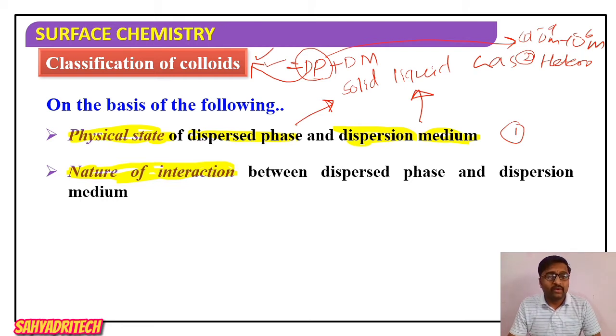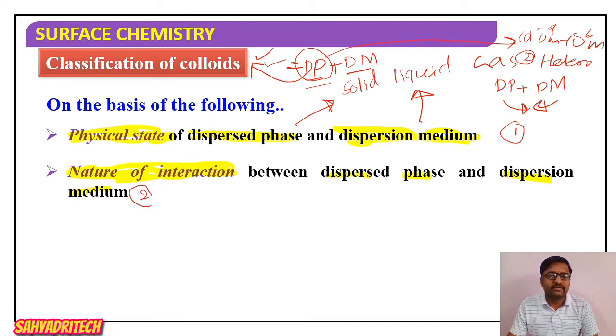Well, now when these two types of substances, dispersed phase and dispersion medium, are mixed, these particles interact among themselves. There will be different types of interactions. So overall, based on the nature of interaction between dispersed phase and dispersion medium, we can also classify the colloids.